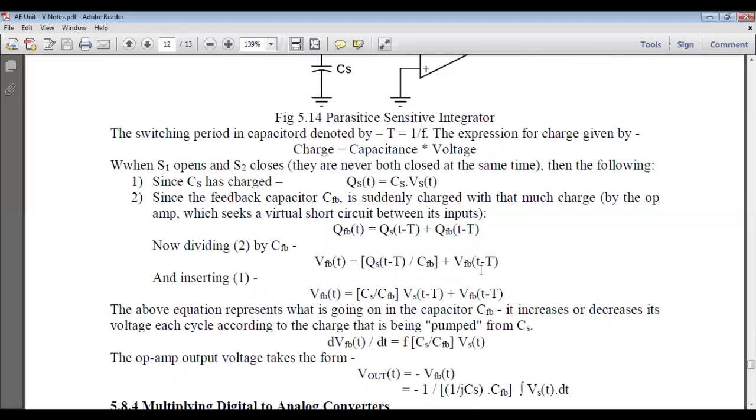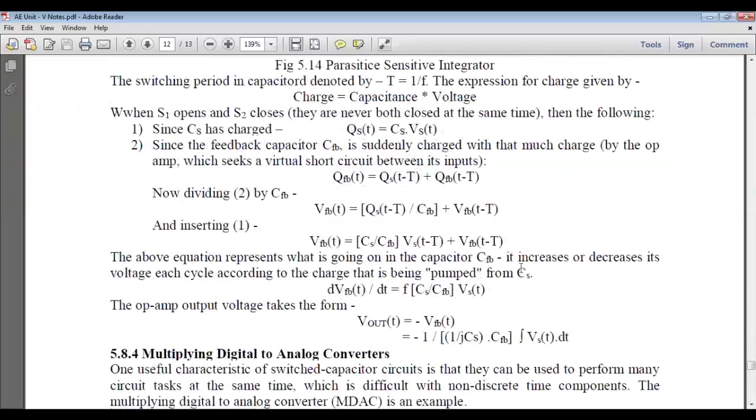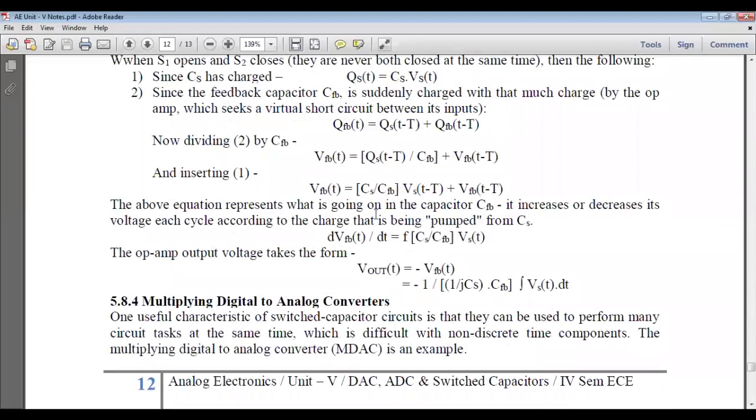Actually, T is the time interval of the input signal, but the time interval of the output signal is given by t minus T. Now substituting the value of Qs of t from equation 1, we get Vfb of t equal to Cs by Cfb, Vs of t minus T plus Vfb of t minus T.